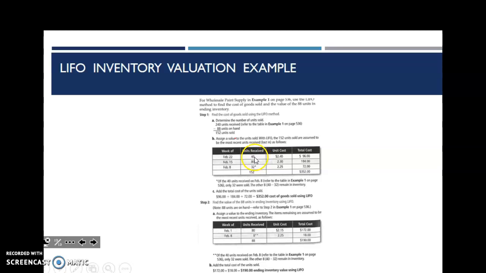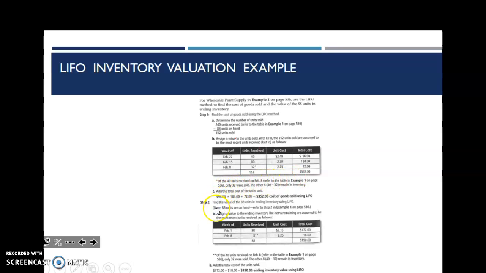So if you start on February 22nd and work backwards, you purchased 40 units on the 22nd, 80 units on the 15th, and then we're using 32 units from February 8th, because we're going to have 8 units remaining in inventory from February 8th. Then you see that we have the total cost like before. We're just using the ones we purchased last first. And our cost of goods sold now is $352 because we used LIFO.